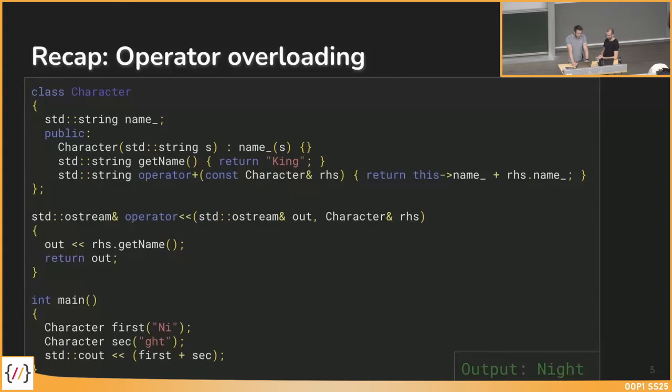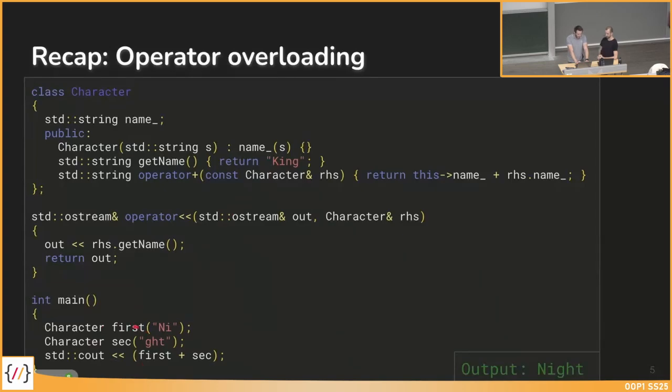Some of you have assumed that since we add first and sec, we get Knight as a result, and for the overloaded output operator, that with the get name we call, we get king as return value, but that's not correct.